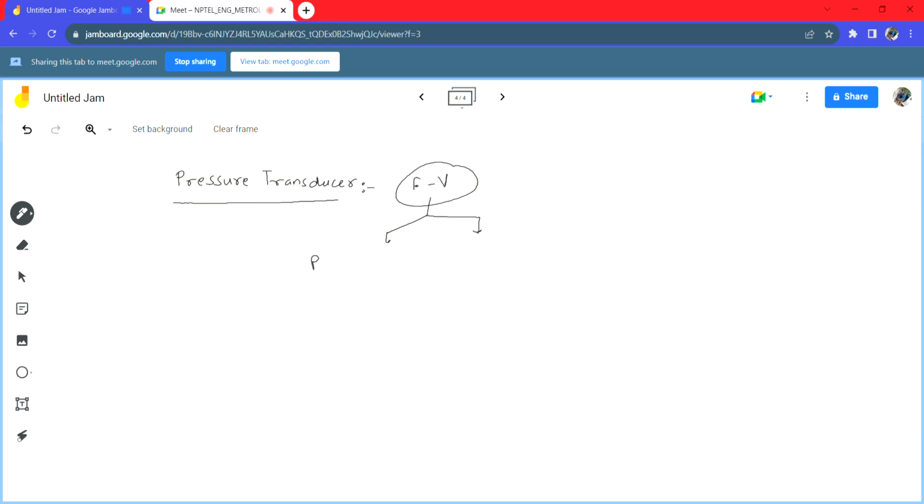First is a physical device that causes change in length corresponding to change in forces.